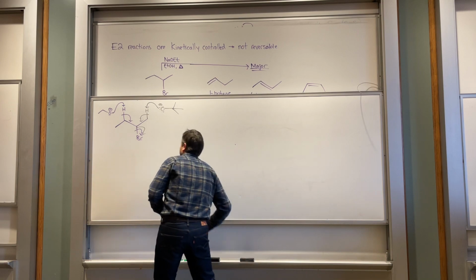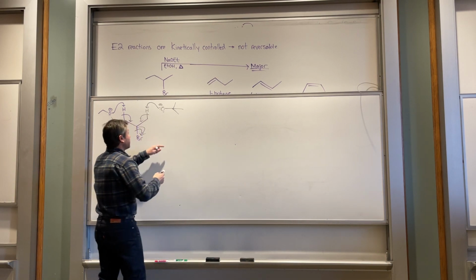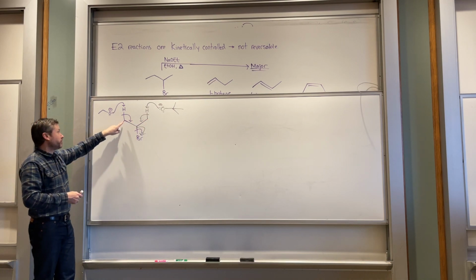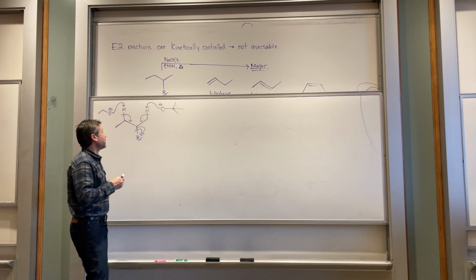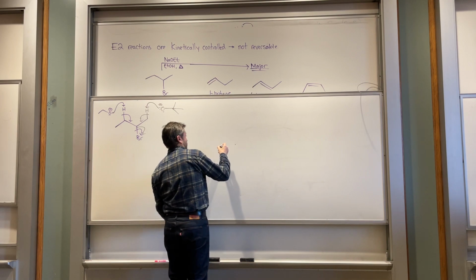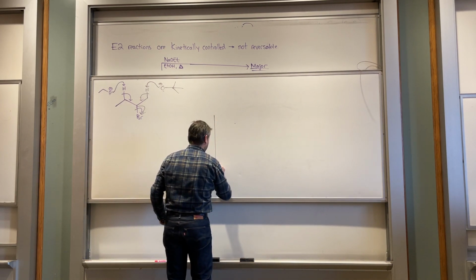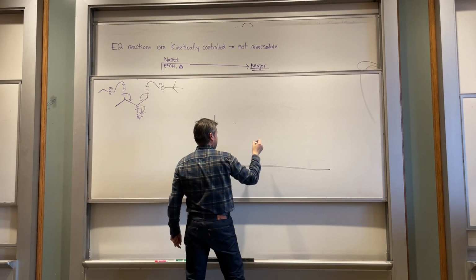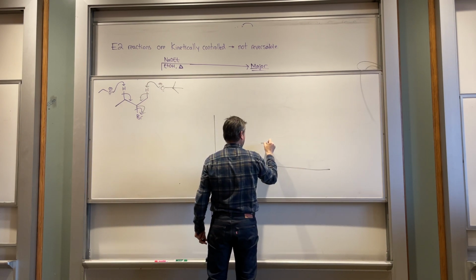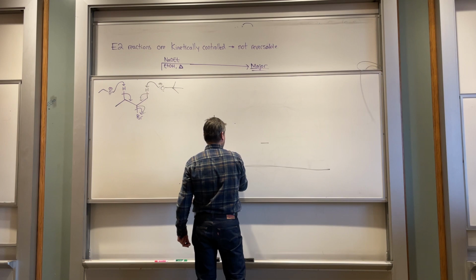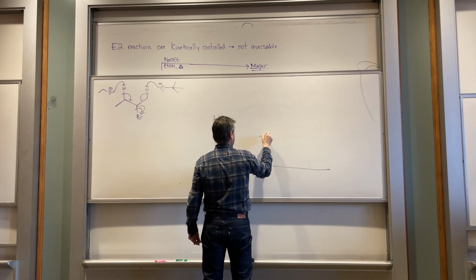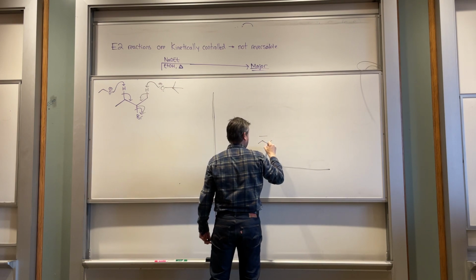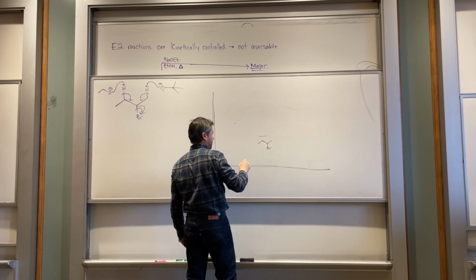So let's draw this out in an energy diagram. Rather than looking at these two bases, let's consider tert-butoxide pulling the primary proton versus tert-butoxide pulling the secondary proton. So here's our starting material.